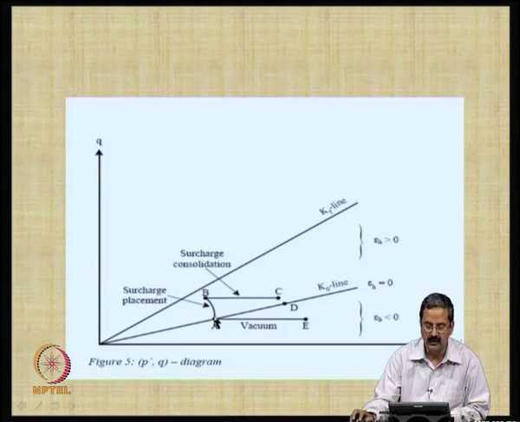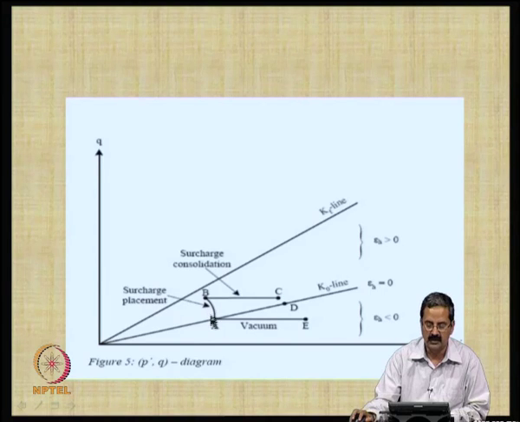So, why do we need monitoring in the field, what do we monitor? It is actually the pore pressures we monitor. See that the pore pressure is not leading to higher Q. Q will increase, but at the same time Q should not lead to failure. We do not want this point to reach here. That is the reason why we measure effective stresses and pore pressures in the field.